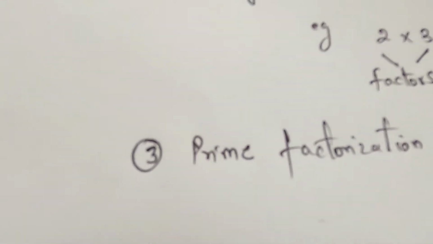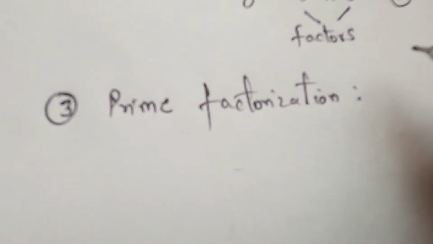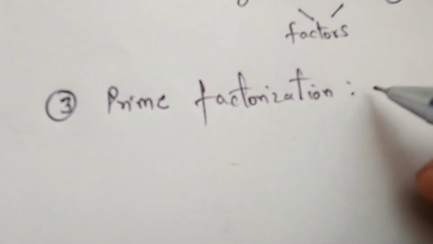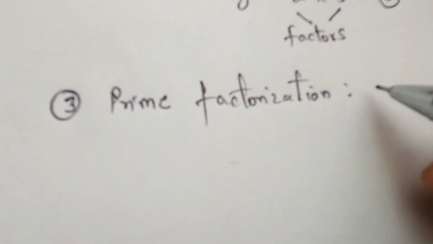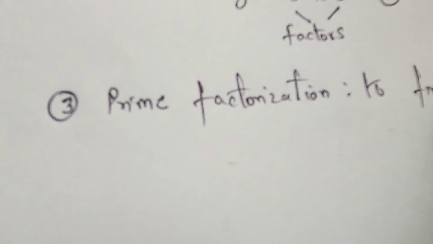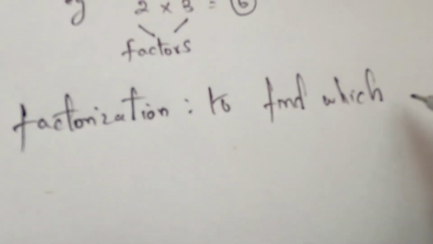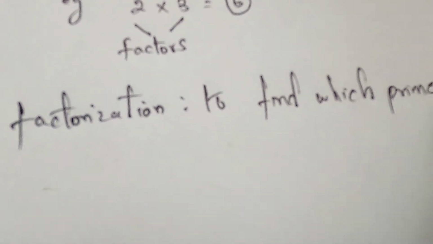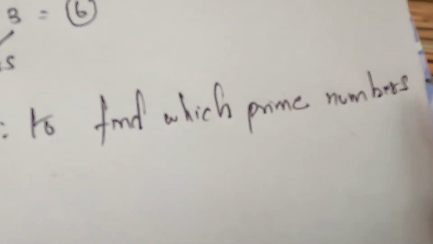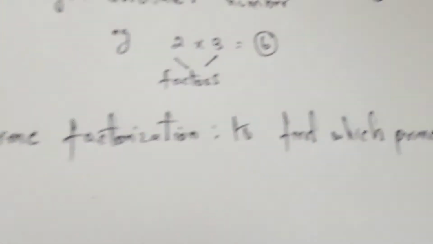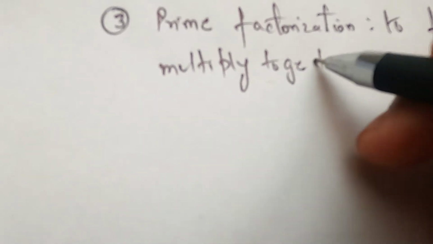Prime factorization method is simply to find which prime numbers multiply together to make the original number.